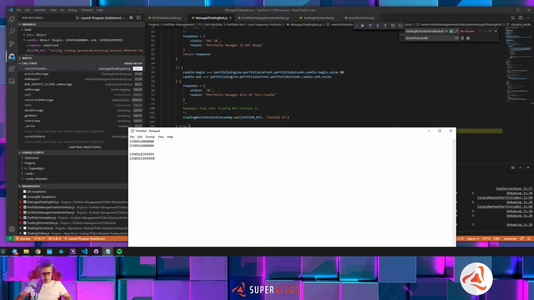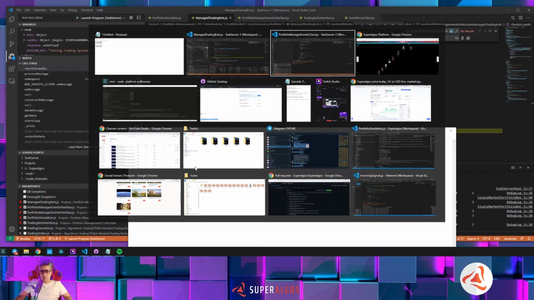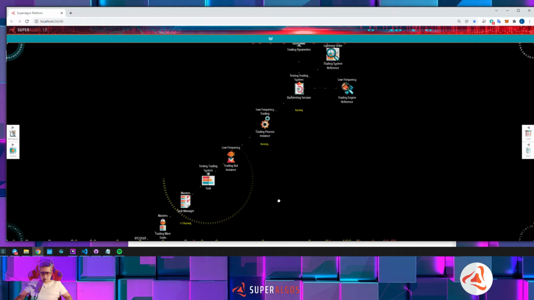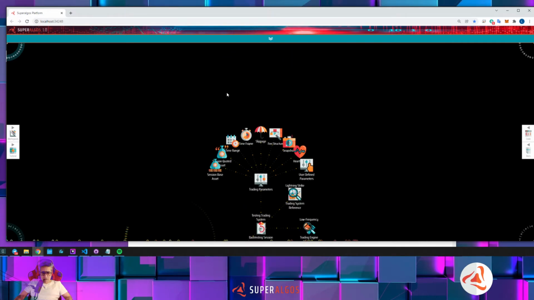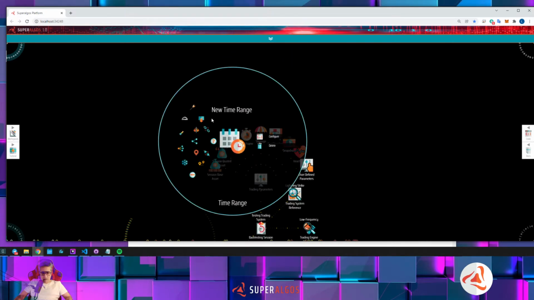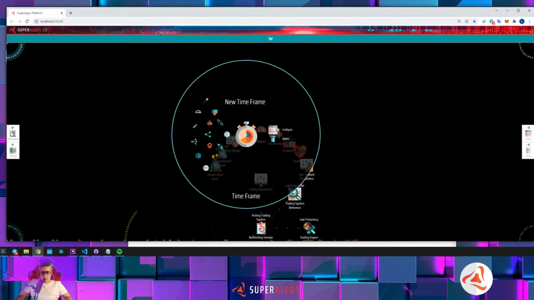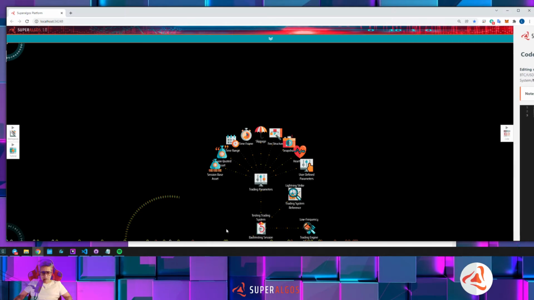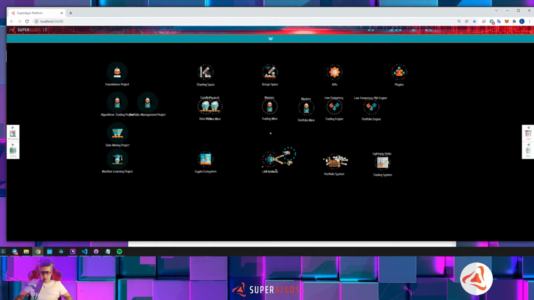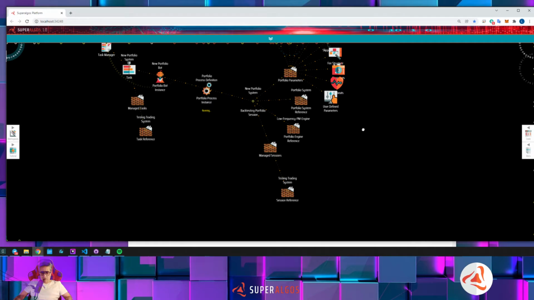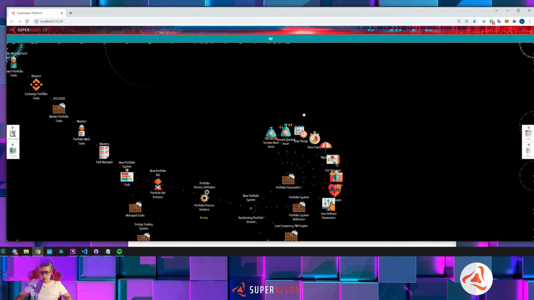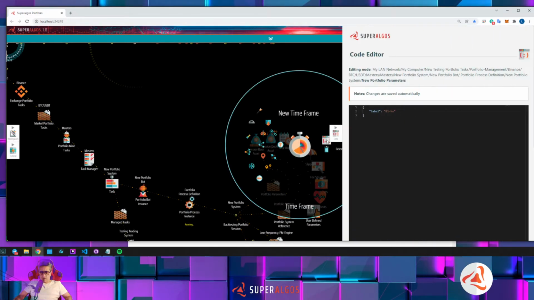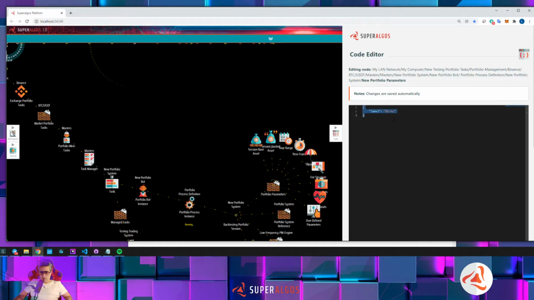Maybe the time frame? The time frame would be my guess. Well, yes, 01 hours here. And at the portfolio bot, the time frame is also 01 hour.